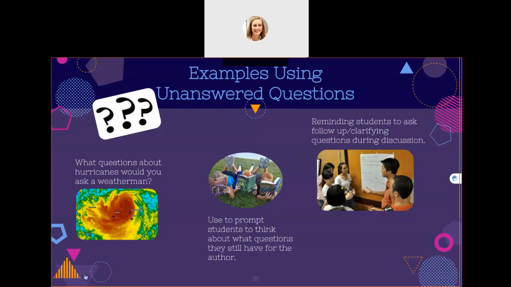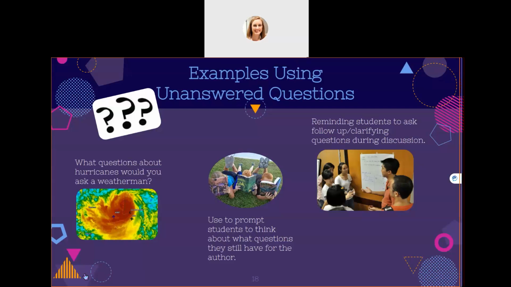So some examples in using unanswered questions, maybe you talk about what questions about hurricanes would you ask a weatherman? Or when you're finished reading a series, what questions would students still have for the author? What is still unclear, or what is something that wasn't resolved?